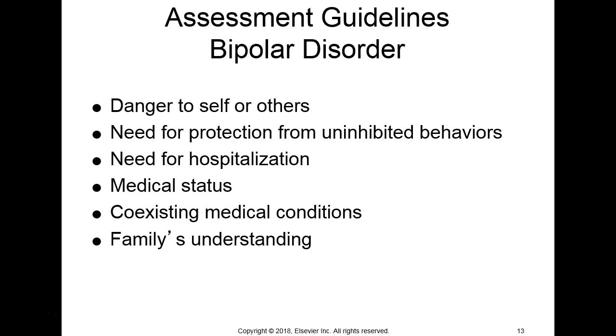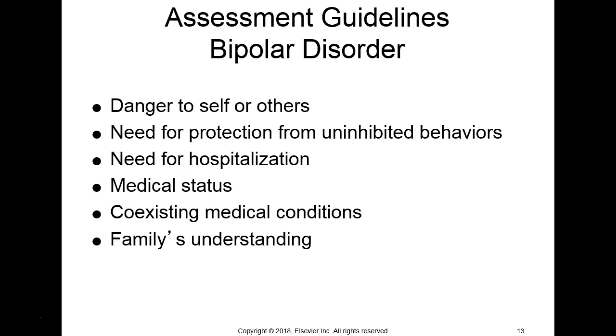So when we're looking for assessment guidelines, we need to think about, are they a danger to themselves or others? Sometimes when people are manic, they can become homicidal towards somebody else, and perhaps those feelings wouldn't be there if they weren't manic. So we definitely need to treat them for their mania and keep assessing, and hopefully those types of thoughts of either self-harm or harming other people are going to resolve.